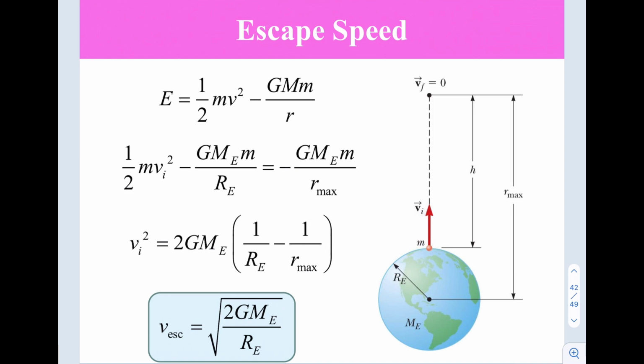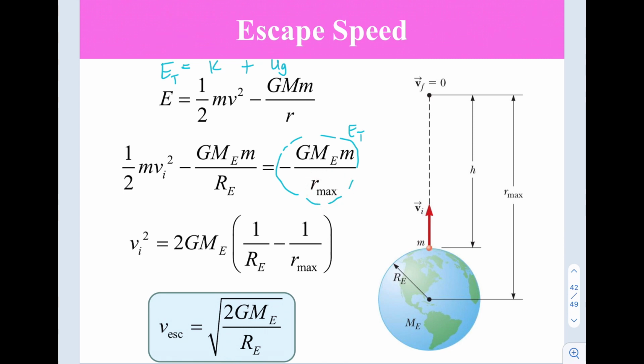Right. Escape speed. Based on E equivalent to kinetic energy plus potential energy just now, we are going to rearrange the equation. This is actually the E total, because the E total must be at R max.